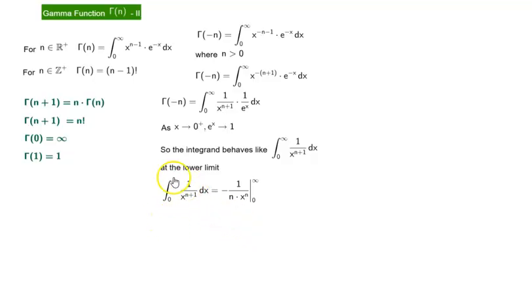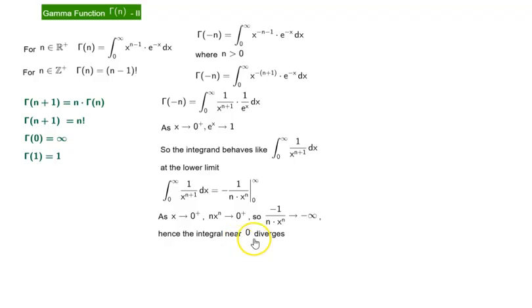So the integral from 0 to infinity of 1 by x to the power of n plus 1 dx is equal to minus 1 by n times x to the power of n from 0 to infinity. Now here again, as x goes to 0 from the positive side, x to the power of n goes to 0, which means minus 1 by n times x to the power of n goes to minus infinity.